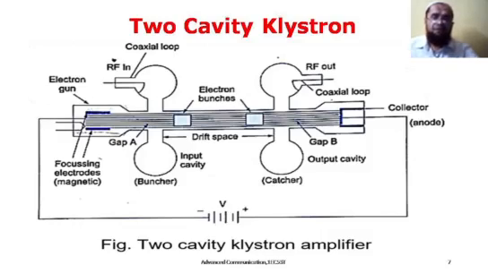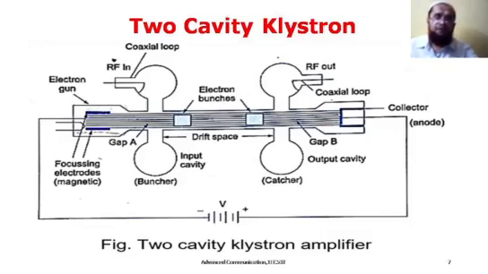One cavity we call the input cavity, and the catcher cavity we call the output cavity. Why? We feed the RF input to this cavity, and we get the RF output from the catcher cavity.